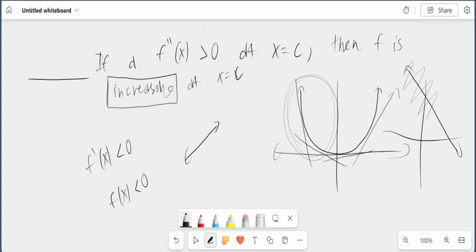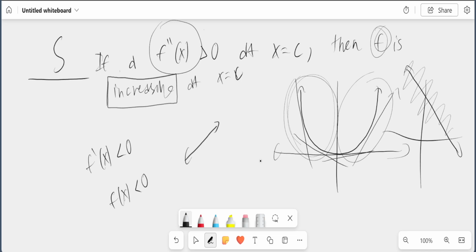Look, it's all positive over here. So f double prime dictates how the slopes change, not how the actual function changes, which is what this is dealing with. So this is a sometimes, because there are scenarios where it's concave up and increasing, but there are also scenarios where it's concave up and decreasing.